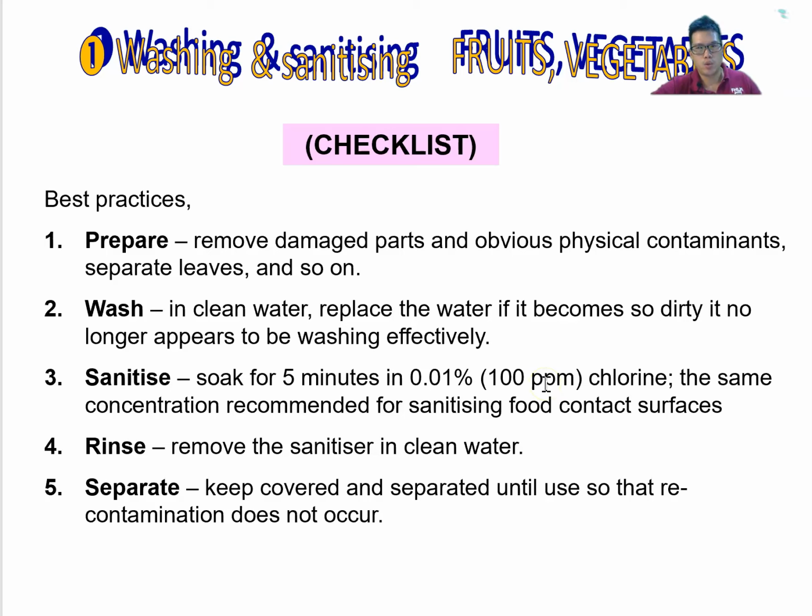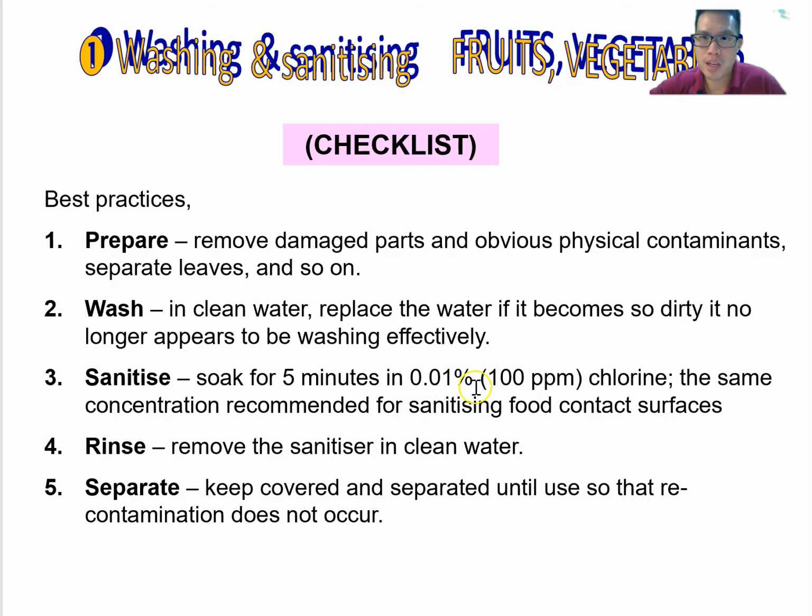Last week a student asked me, sir, how do I ensure that the sanitizer has been rinsed? Very important: if you use the correct concentration, you should be able to rinse off the sanitizer normally.